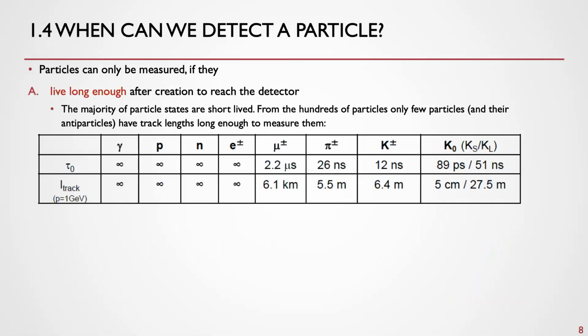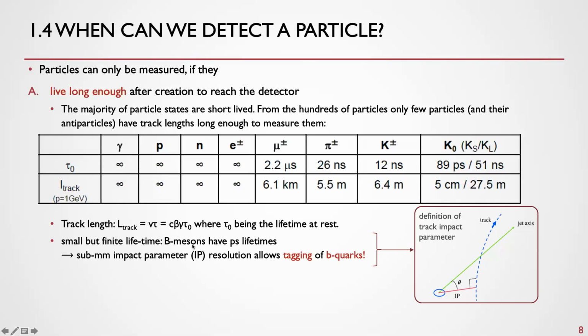The B-meson contains a B quark, and the B quark in the standard model is produced either via C2BB or top to BW, and it can also be produced strongly.